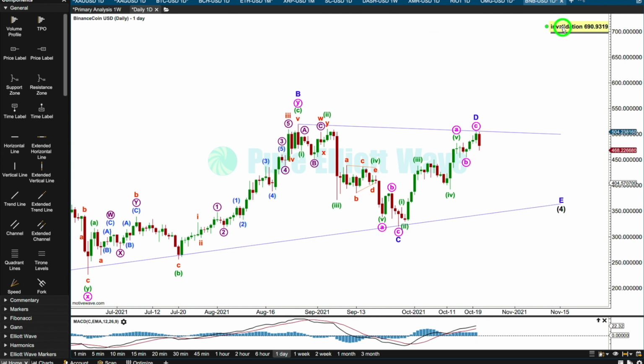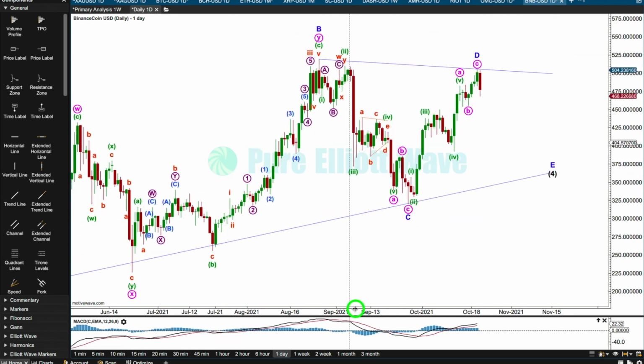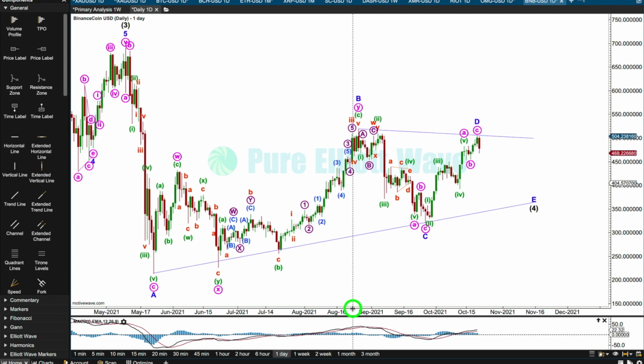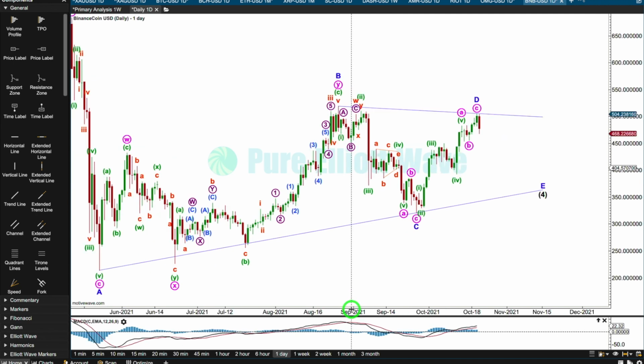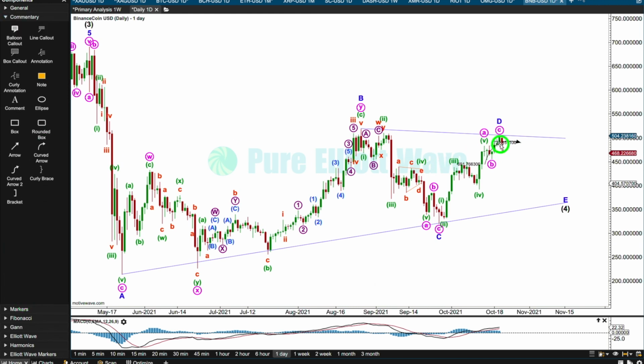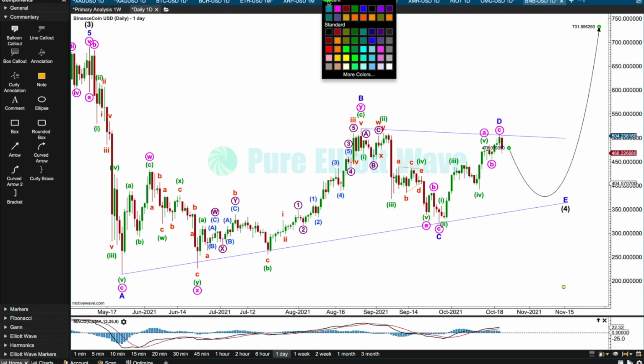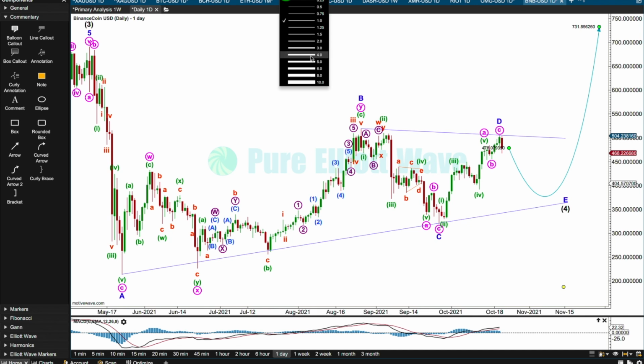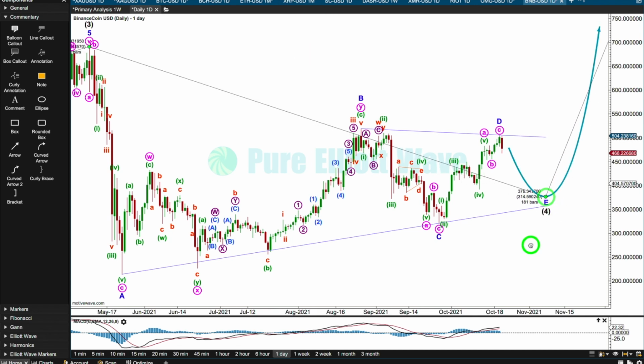Let's get rid of this because it's nearly over. So what I would expect from this wave count for Binance now, this is the conclusion, would be something like this. A little pullback here to result after that big bearish engulfing candlestick pattern to fall short of the AC trend line before an upward breakout.